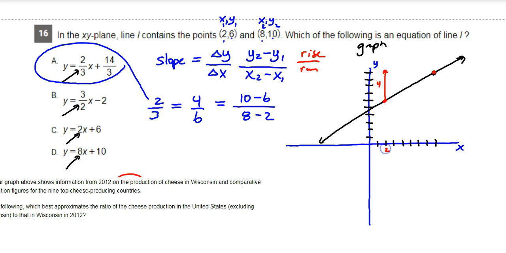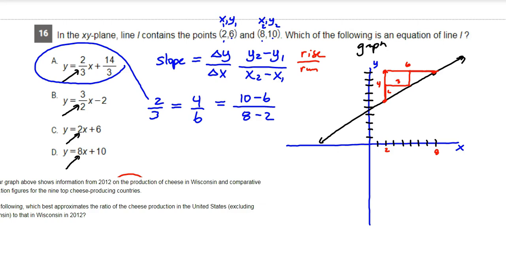And then I ran from 2 all the way to 8. So I ran 6. And a slope of 4 over 6, to reduce that, is really go up 2 over 3. Up another 2 over 3, and it'd be the same thing as 4 over 6.